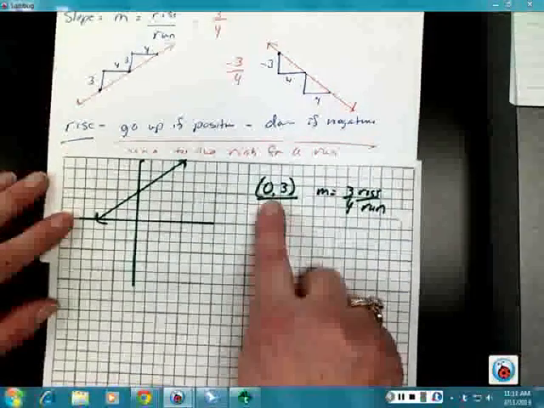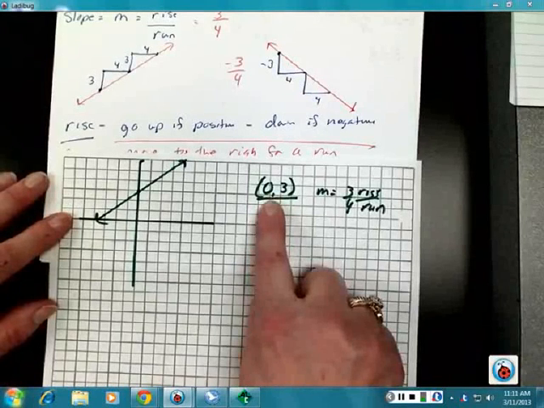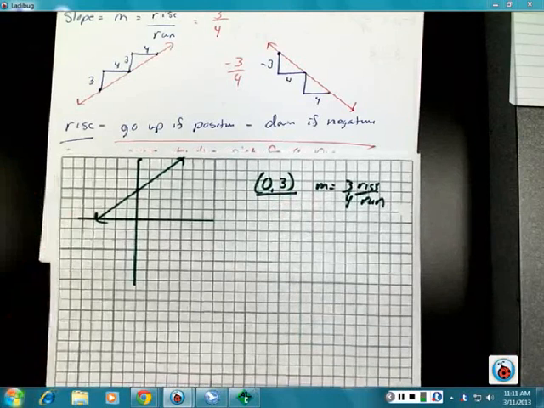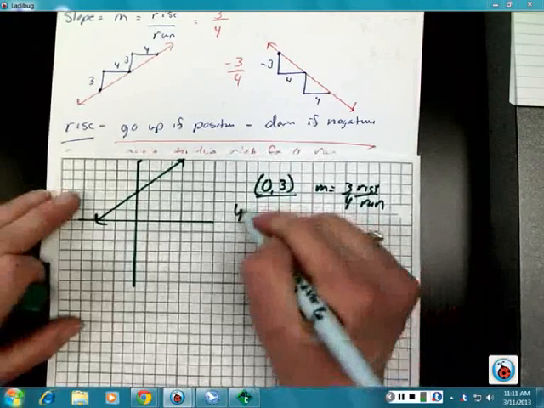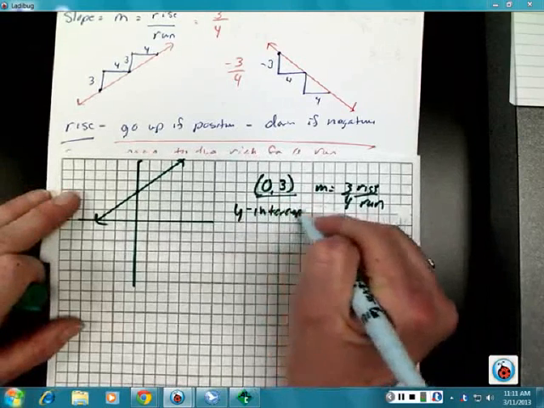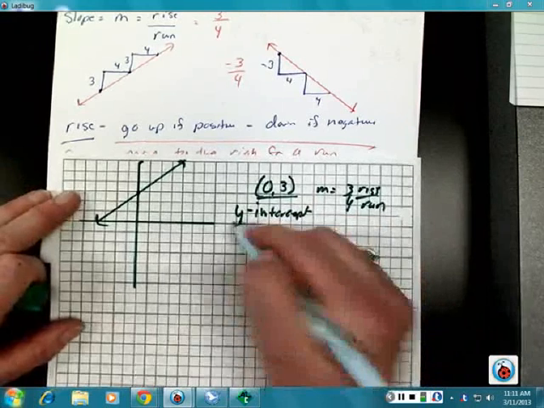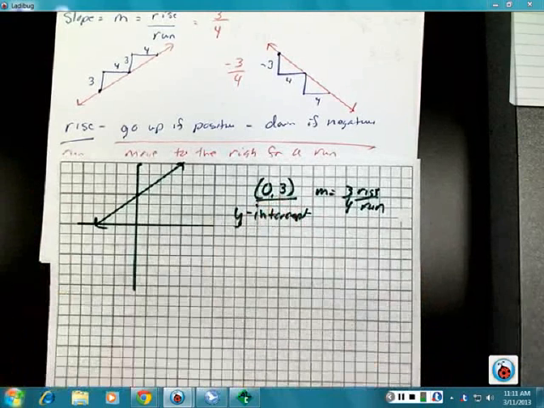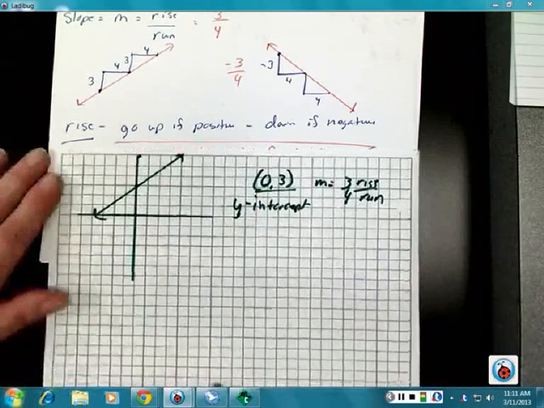It's got a special name to it. It's a y-intercept. And it's a y-intercept because, again, it's got that 0 for the x, and y is equal to some value. So if I have a y-intercept and a slope, I can end up plotting a point.